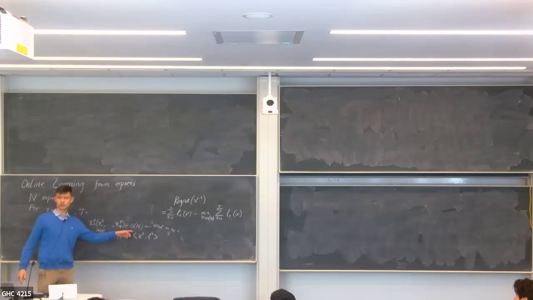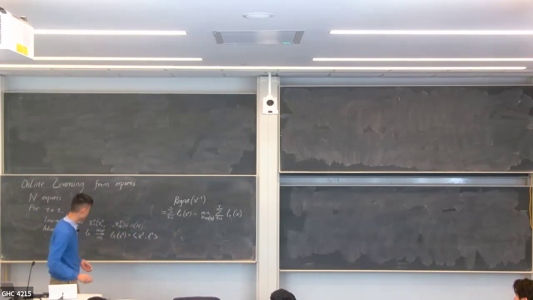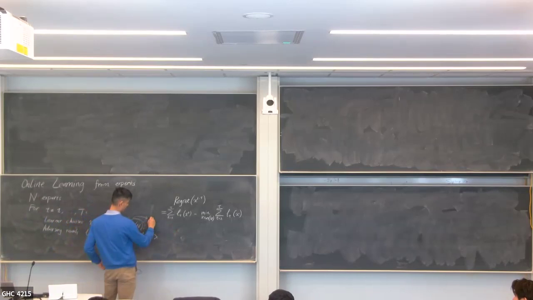Do you know what this notation is? Good. This notation is the so-called probability simplex.